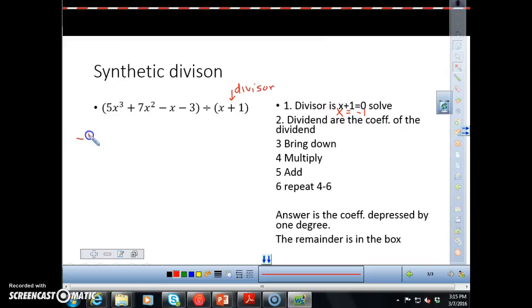So we're going to be doing negative 1 over here in the box. Then we're going to write the coefficients of the dividend. Which one's the dividend? Yeah, the big one. So we write all the coefficients: 5, 7, negative 1, negative 3.